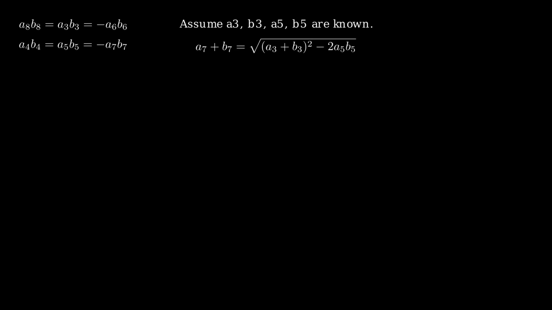Now we can multiply this whole equation by a7 and end up with a quadratic which we can then solve. This is because the second term becomes a7b7, which we can then equate to minus a5b5 thanks to the equations on the left.